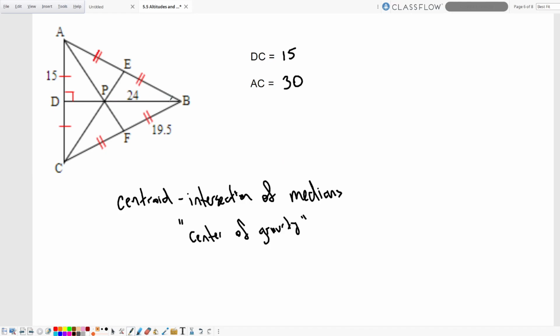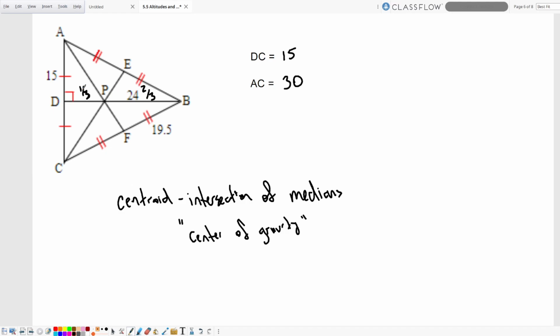So if you know a portion of your centroid, what happens is that we have ratios of the sides. So from D to the centroid P, this is 1/3 the measurement. And then from P to B would be 2/3 of your measurement.